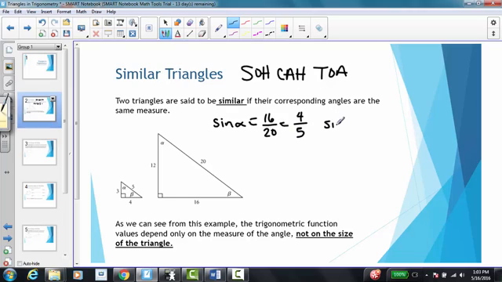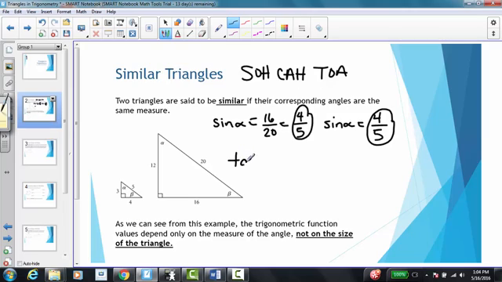Now if I look at the sine of alpha of my little triangle, I have opposite, which is 4, over my hypotenuse, which is 5. So I end up getting the same answer, 4/5, for both the large triangle and the small triangle. So as we can see, the trigonometric function values depend only on the measures of the angle, not the size of the triangle. We can even prove this even further by looking at another example.